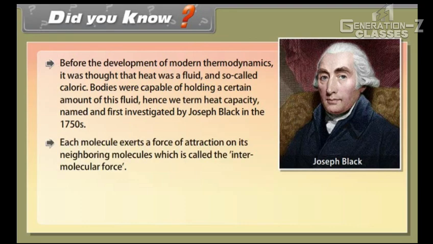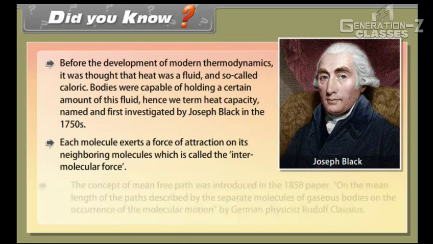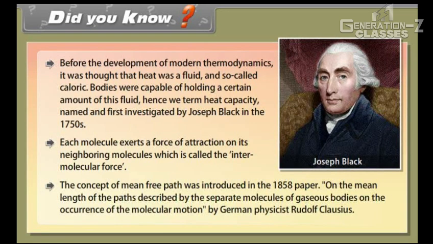Each molecule exerts a force of attraction on its neighboring molecule, which is called the intermolecular force. The concept of mean free path was introduced in a 1858 paper on the mean length of the paths described by the separate molecules of gaseous bodies on the occurrence of the molecular motion by German physicist Rudolf Clausius.